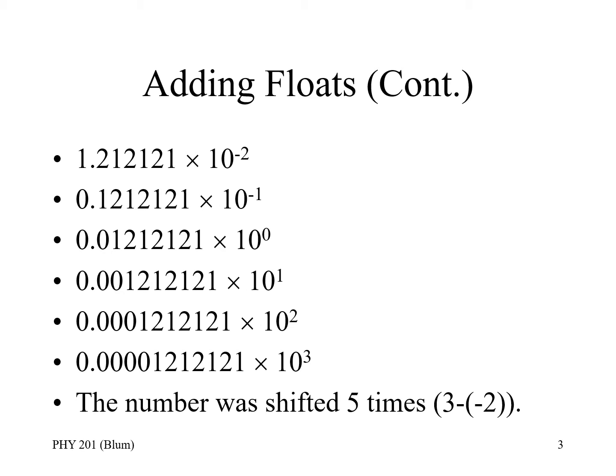As we raise the power of 10, we shift the number in front and make it smaller. So we must do that a total of 5 times. We want to go from minus 2 to 3, so 3 minus a minus 2 is 5, so we need to change this by 5 places.